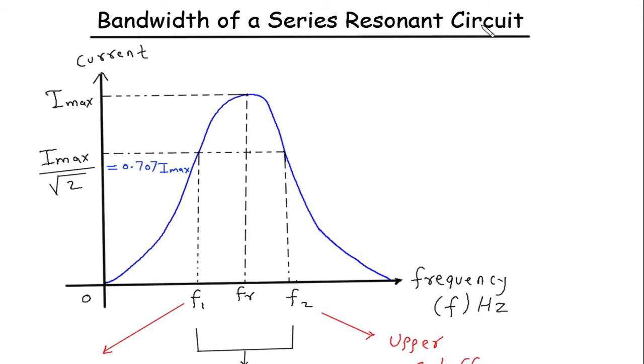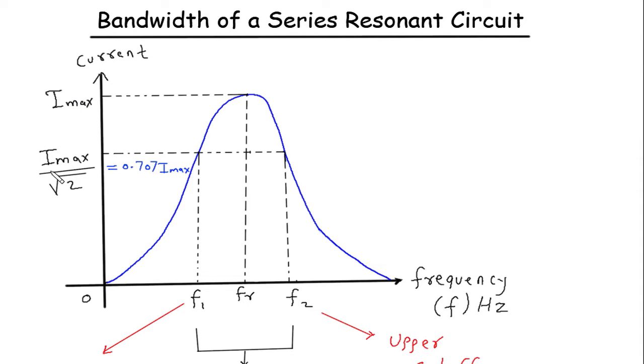Bandwidth of a series resonant circuit. This is a graph plotted between current and frequency, for an RLC series circuit. Here we can see at this point the frequency is resonance frequency, so the current is maximum.